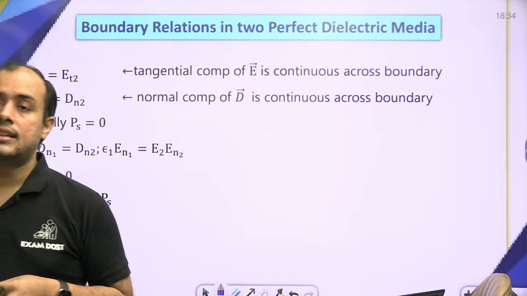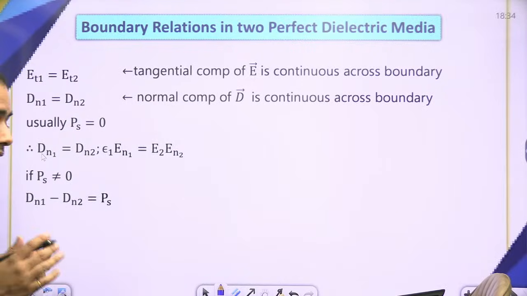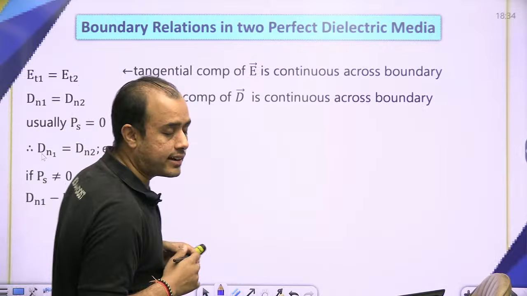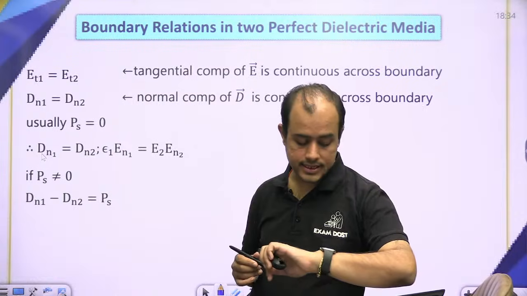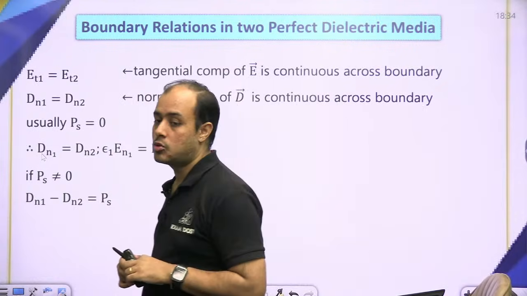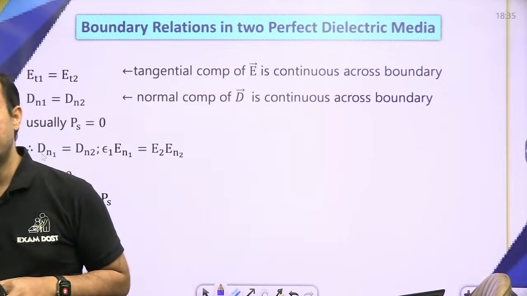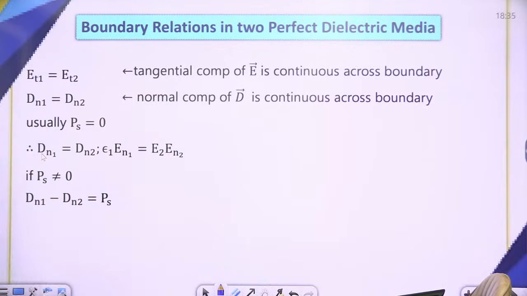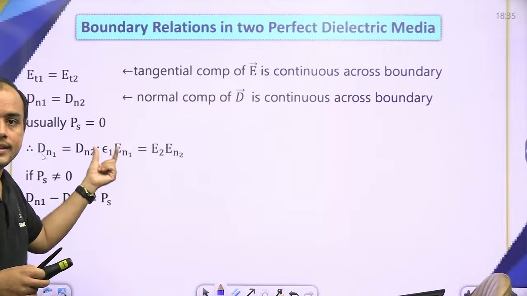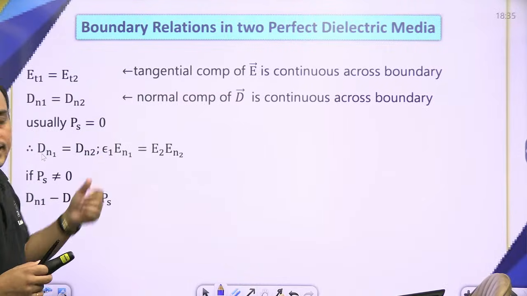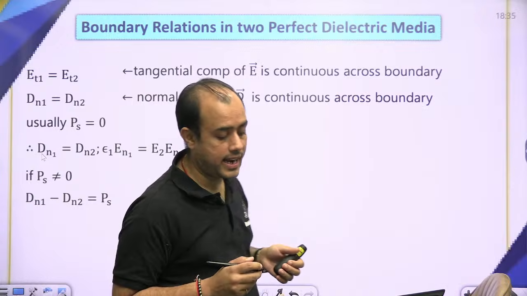So now beta, the condition says the tangential component of electric field is the same and the normal component of flux density is the same. So ET1 equals ET2, DN1 equals DN2. What is D? D is epsilon E. So DN1 equals DN2 means epsilon 1 EN1 equals epsilon 2 EN2.